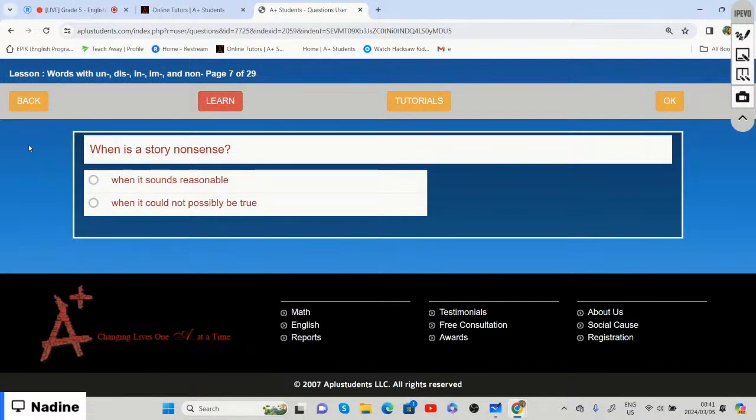When is a story nonsense? So we can say, when is a story nonsense? When doesn't it make sense at all? Because nonsense. Is it when it sounds reasonable or when it could not possibly be true? So we're going to go with the last option.